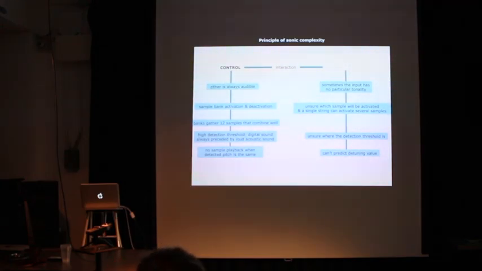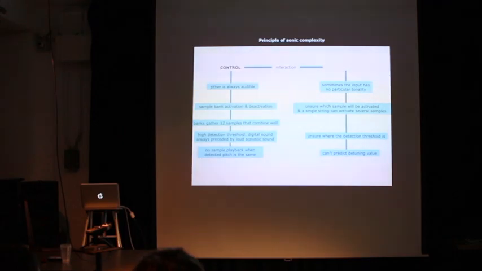So there are unpredictable elements. Sometimes the input has no particular tonality. My techniques are like that. I'm unsure which sample will be activated, and a single string often activates several samples because several are detected at the same time or in very small time frames.